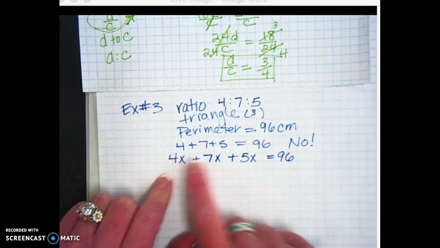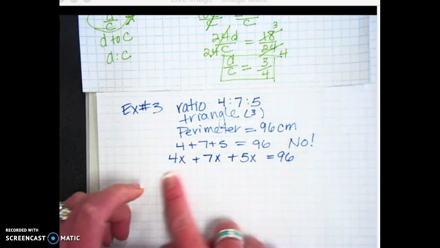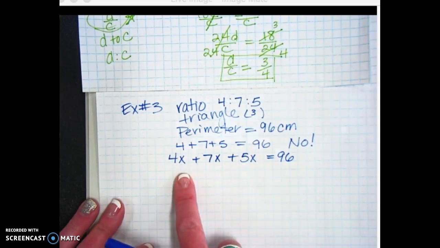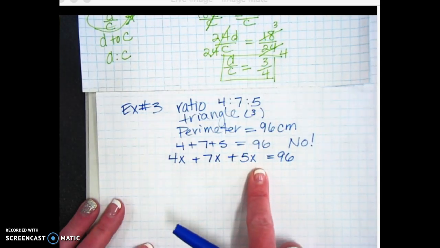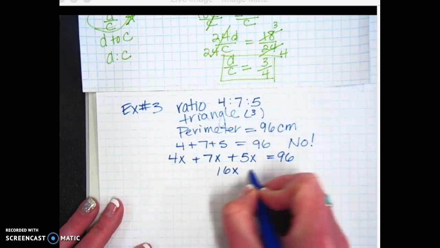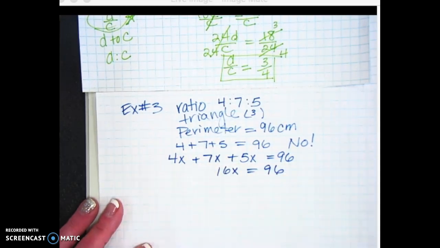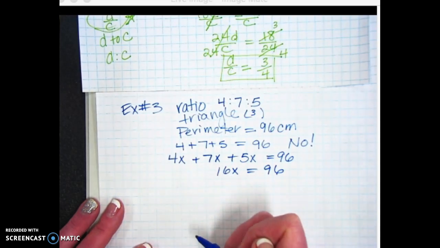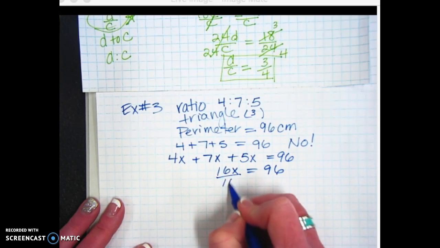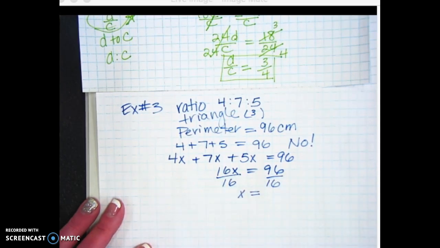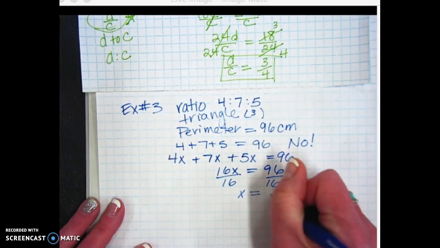Since we use the same variable in all of them, they're all like terms, right? So we can just add up these 3 like terms. 4x plus 7x plus 5x is how many x's? 16. And then the inverse operation of multiplying by 16 is? Divide by 16. And so what we're multiplying all of them by is 6.